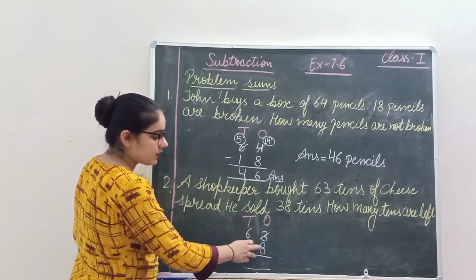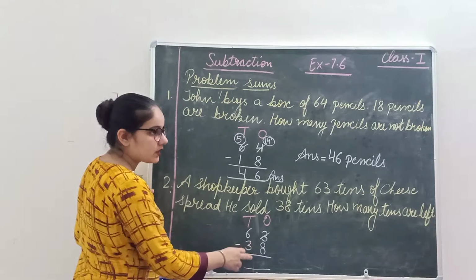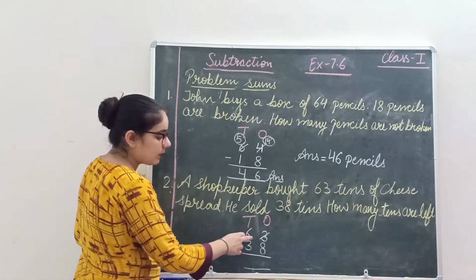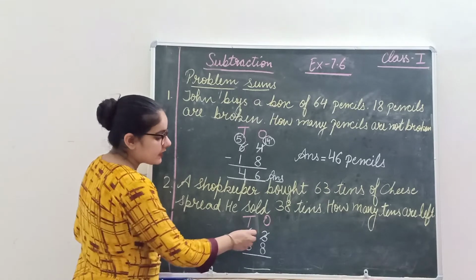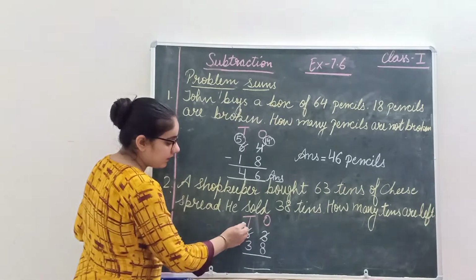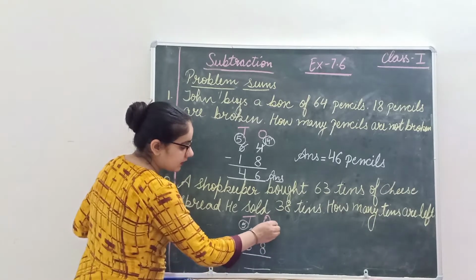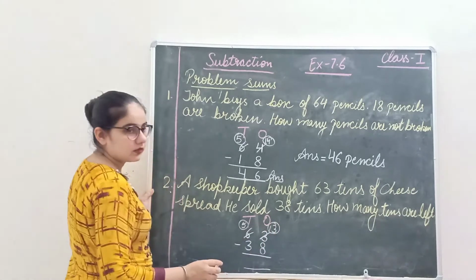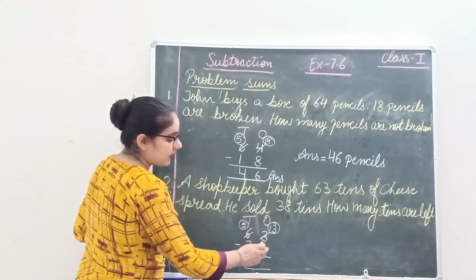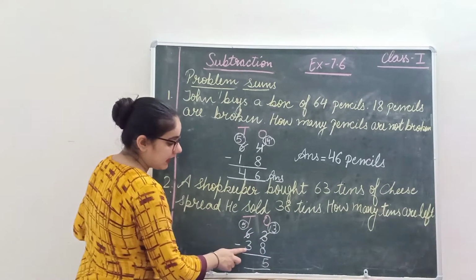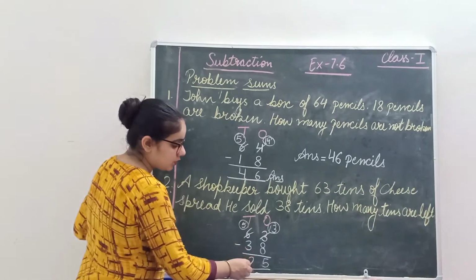3 is smaller than 8, so there is need to borrow from the next place. This 3 will borrow from 6. 6 will become 5. And this 3 will become 13. 13 minus 8 is equal to 5. 5 minus 3 is equal to 2.